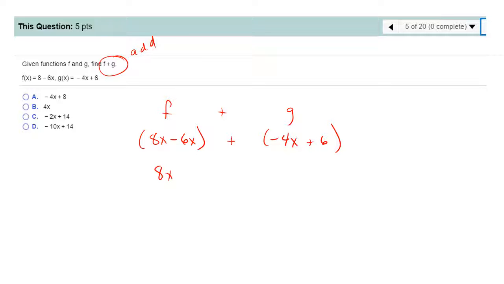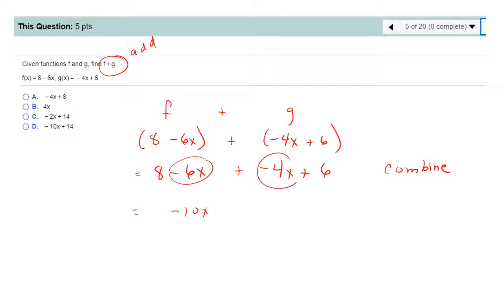So I take these terms, 8x minus 6, and negative 4x plus 6. Combine those like terms, and that will give me negative 10x, because I combine my x terms, and then plus 14. That would be my solution.